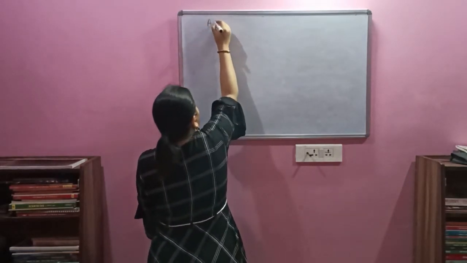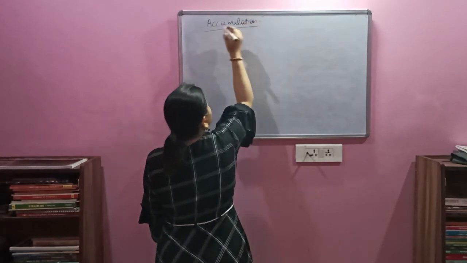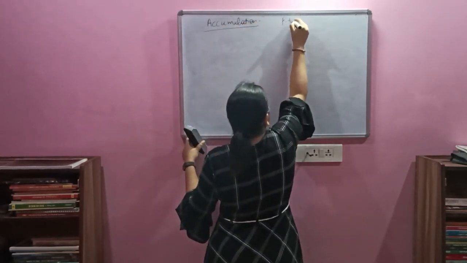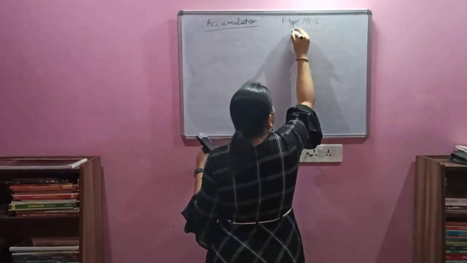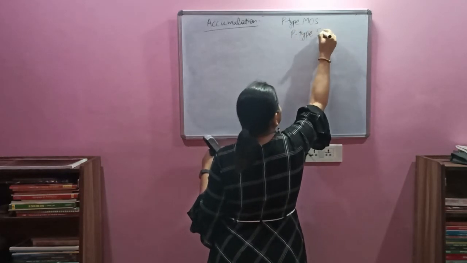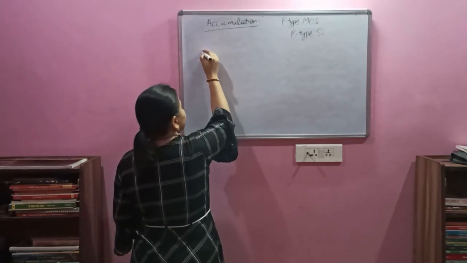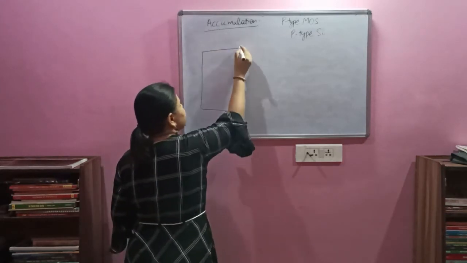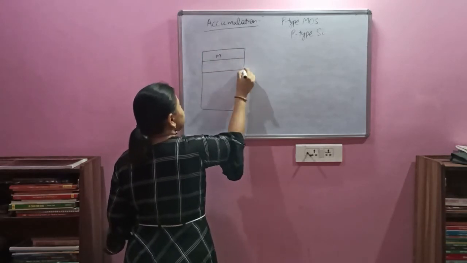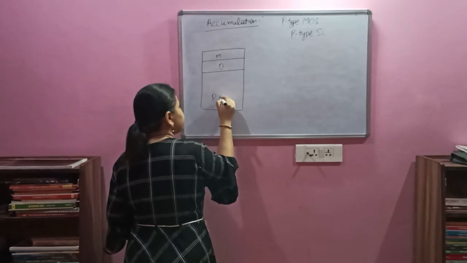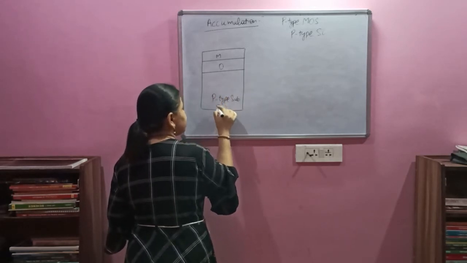Now coming to accumulation. Here I am again taking the example of a P-type MOS structure, that is, P-type silicon as the semiconductor substrate. MOS has a 3-layer structure where the upper one is the metal, the middle is the oxide, and below we have a P-type substrate, which is a silicon material.